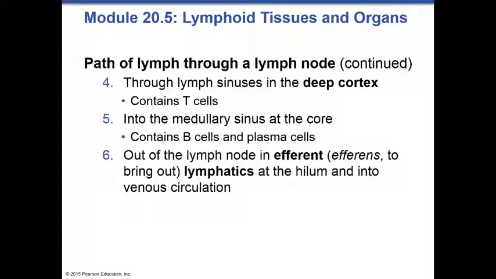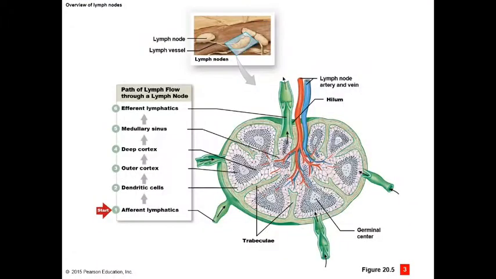these foreign antigens. Once it has gone through these spaces, it will go into a medullary sinus at the very core, and then out an efferent lymphatic, traveling out of the hilum and back into the venous circulation. So you can see here the flow.